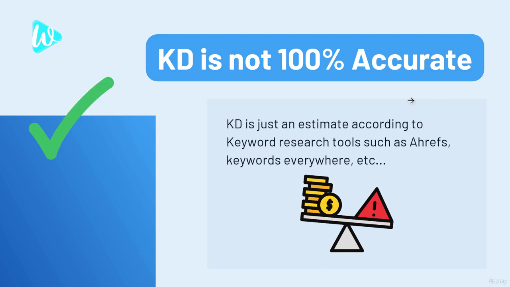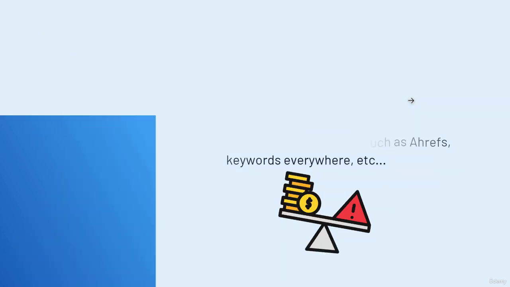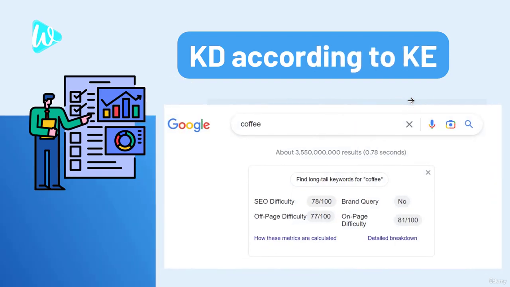Now, I have to say that keyword difficulty is not 100% accurate, and let me show you a perfect example of this. Tools such as Ahrefs, Moz, Keywords Everywhere, Ubersuggest, even Google Keyword Planner, most of these are going to give you estimates, just estimates. For example, according to Keywords Everywhere, for the keyword coffee, the SEO difficulty is 78 on a scale of 100.